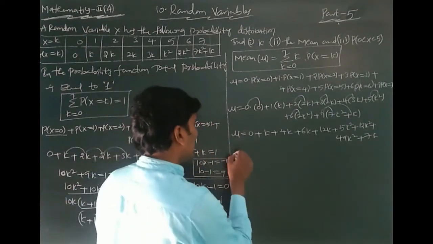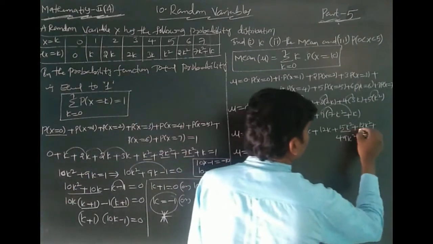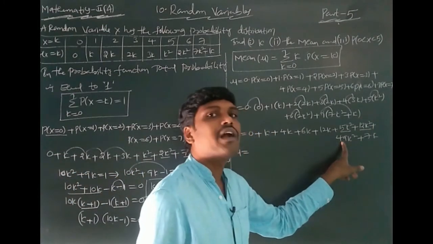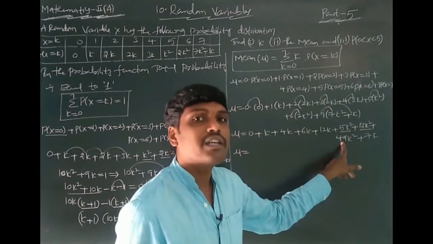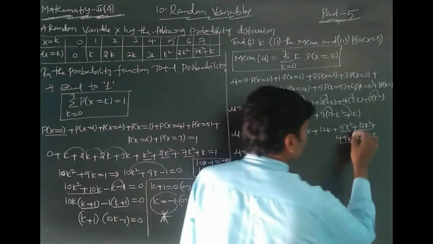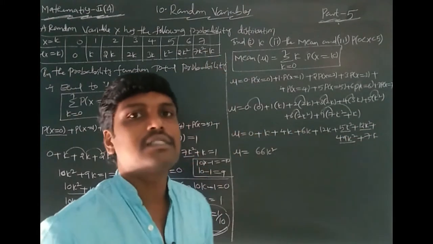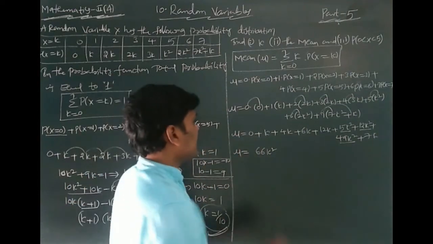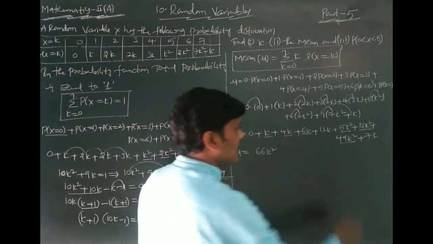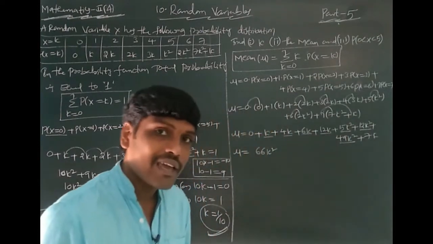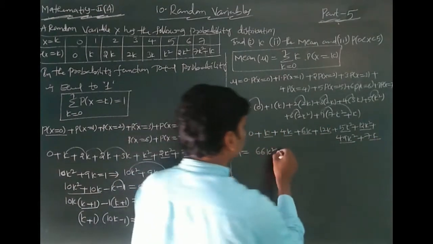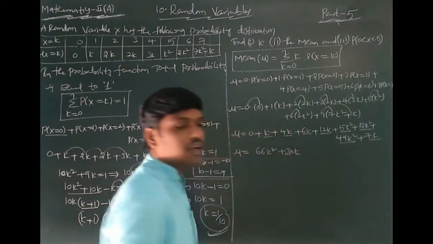After that, add the k square terms: 5k square plus 12k square is 17k square, 17 plus 49 is 66k square. Here the k terms: k plus 4k is 5k, 5k plus 6k is 11k, 11k plus 12k is 23k, 23k plus 7k is 30k. Remaining constant terms are not there.